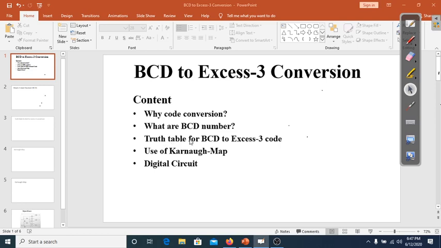Then, using this truth table with the help of Karnaugh-Map, we will simplify it for BCD to Excess-3 code. Then we will get some simplified expressions. Those simplified expressions will be used to design the digital circuit. Further, in this lecture, I will try to use the digital board to design this converter.